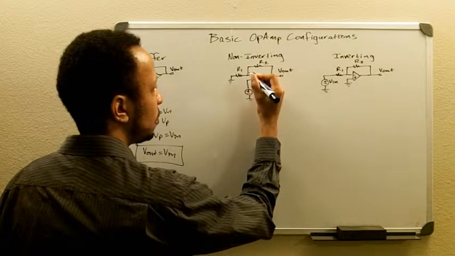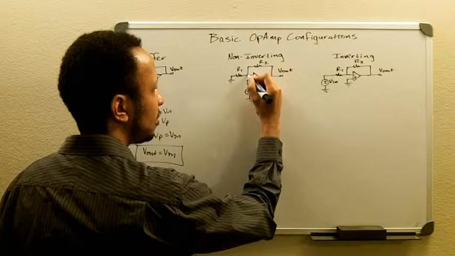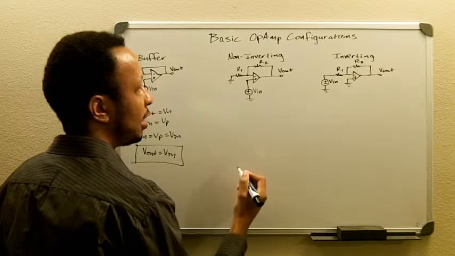Next, we have our non-inverting operational amplifier here. And so, of course, we have Vn at this node, and Vp at that node.